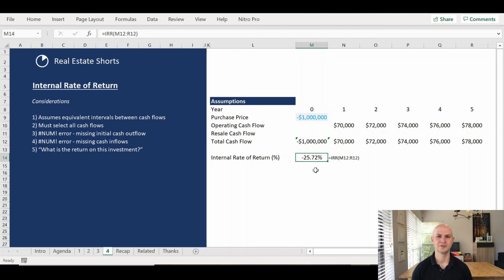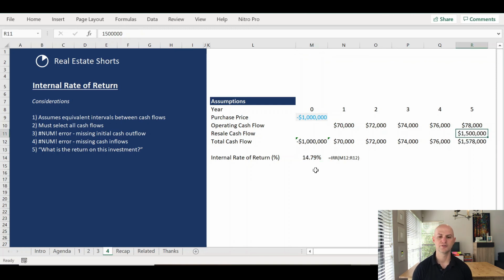Now, truth be told, it's not that the IRR being calculated is wrong, but it's wrong for you in that you likely meant to sell the property at some point in time, realize the receipt of those proceeds, and they should be included in your total cash flows.